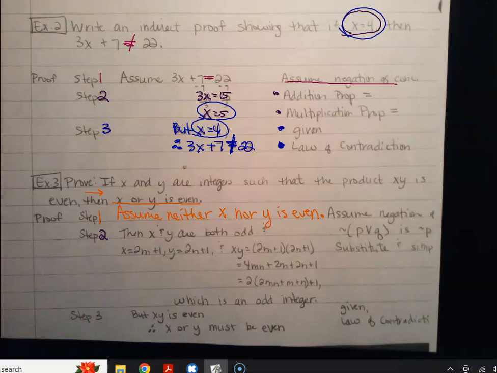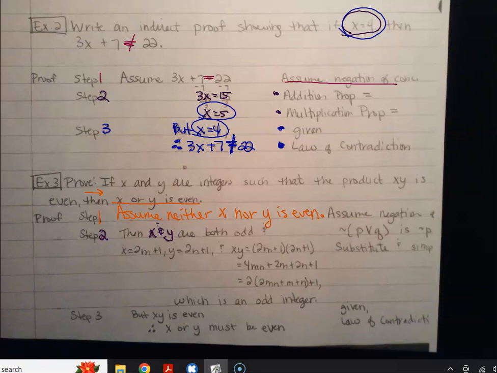Using that idea and trying to get to a conclusion. Sorry, something flew in front of my face and I was trying to get it out. All right, so then, making our conclusion from this, x and y are both odd. Not either or, but neither.